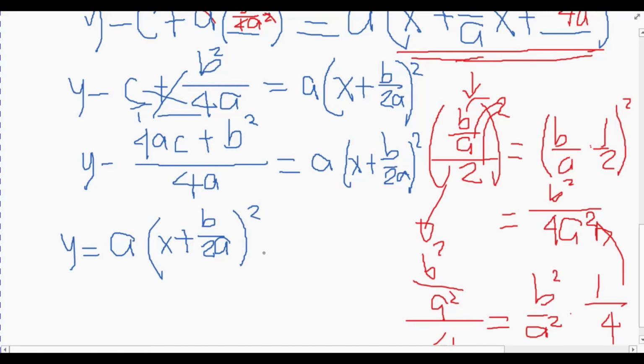Plus, since this is negative, so plus 4a, and since this is positive it becomes negative, minus b squared over 4a. So this is the quadratic function.